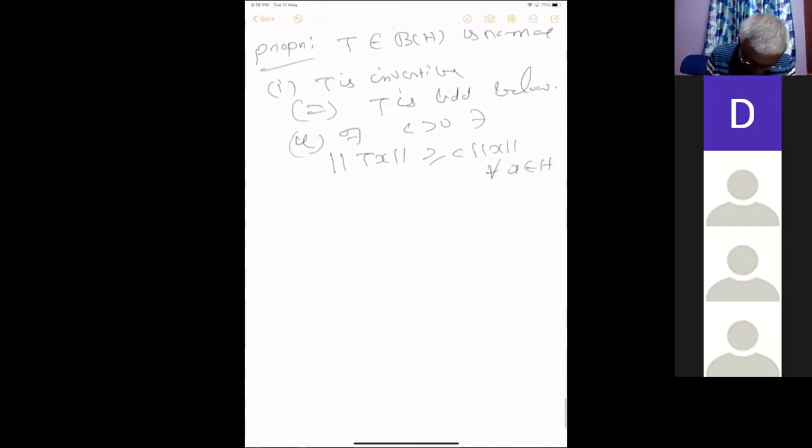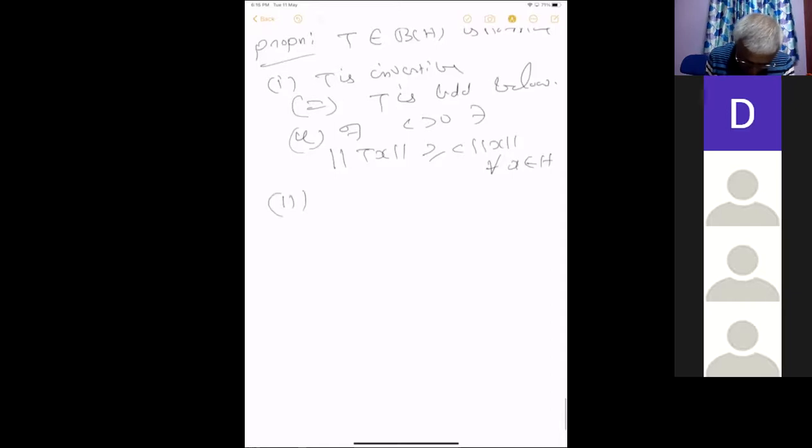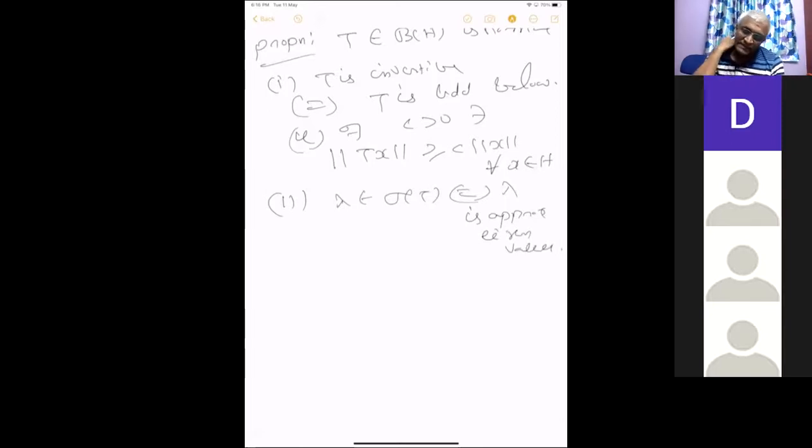Then the second part is, something is in the spectrum if and only if it is an approximate eigenvalue.